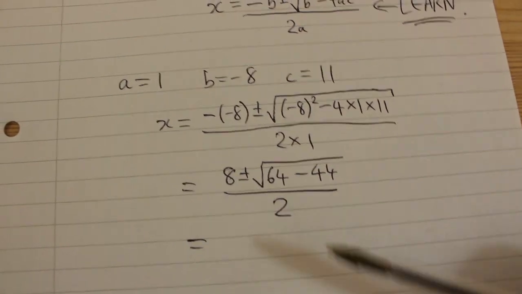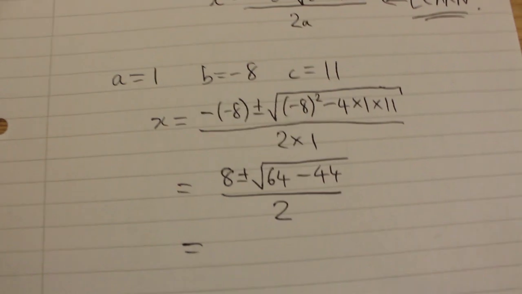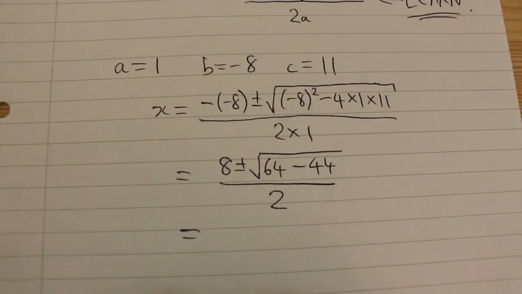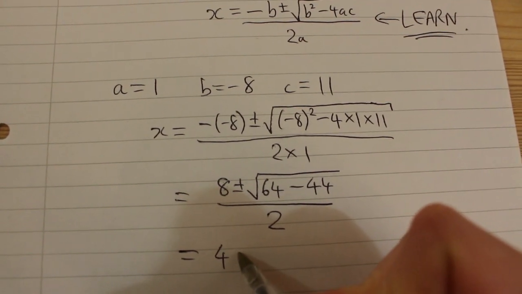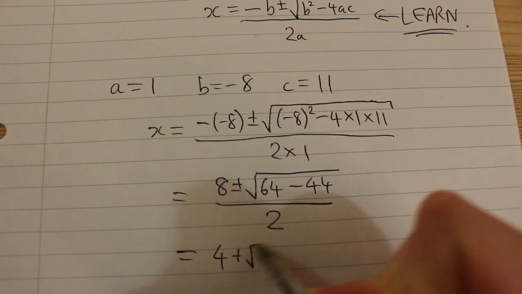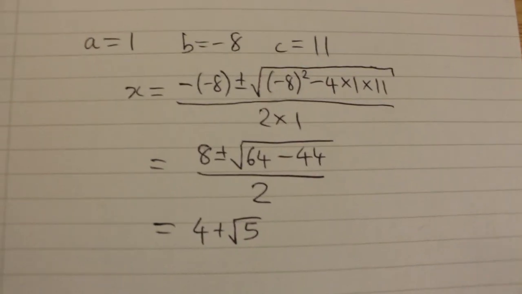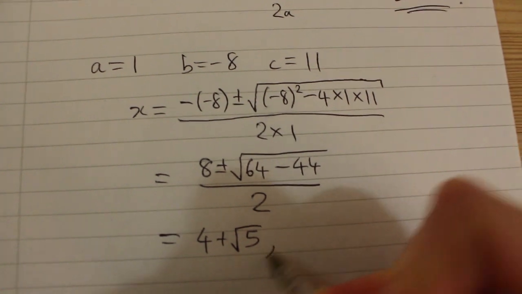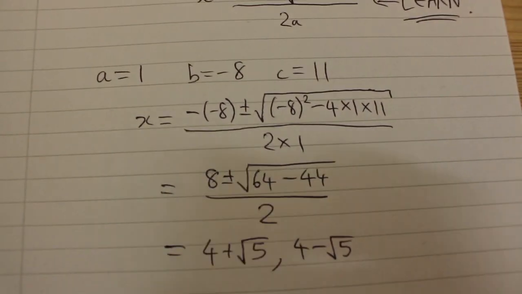you have to do it twice, once with a plus and once with a minus. If we just do the plus first, we're going to find the answer is 4 plus root 5. And if you do it again with a minus, you'll get 4 minus root 5.